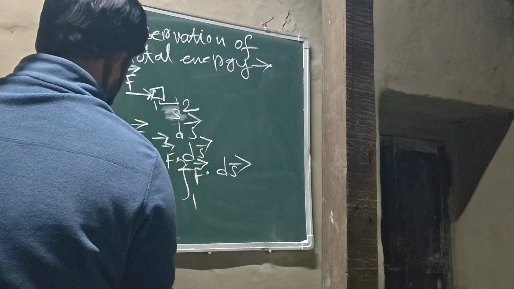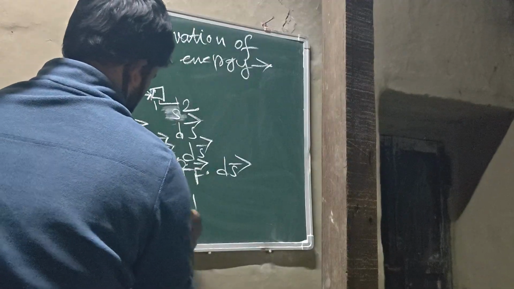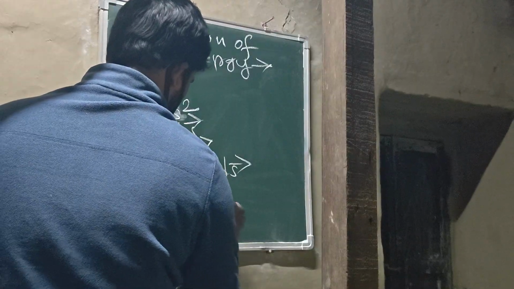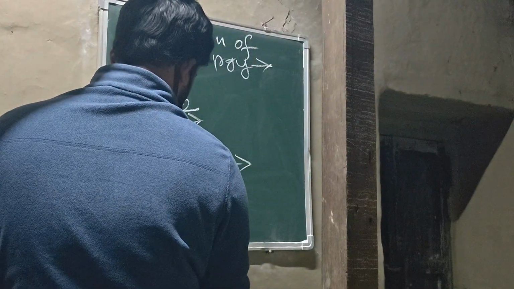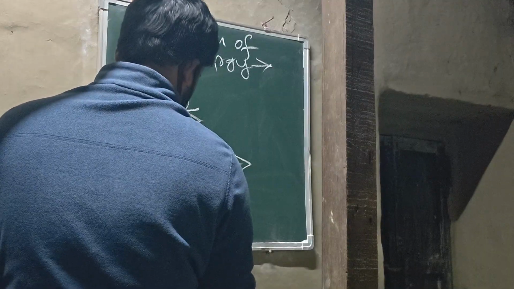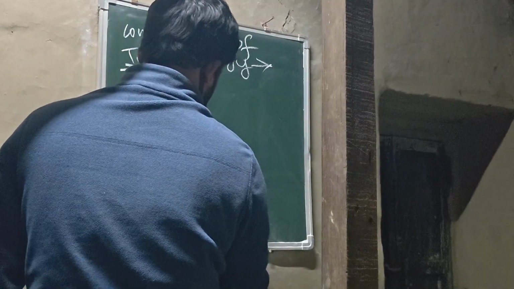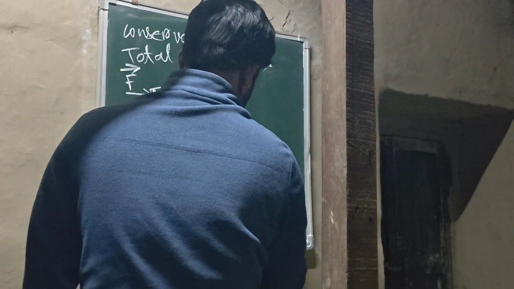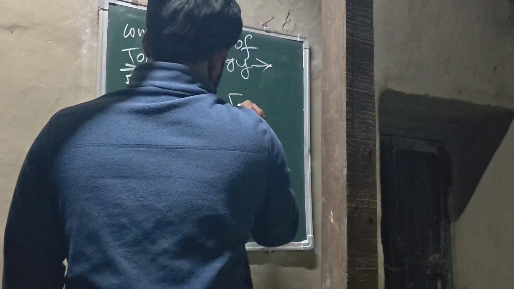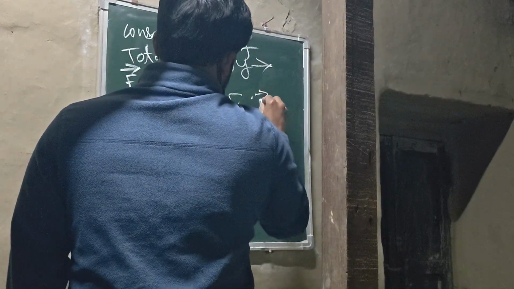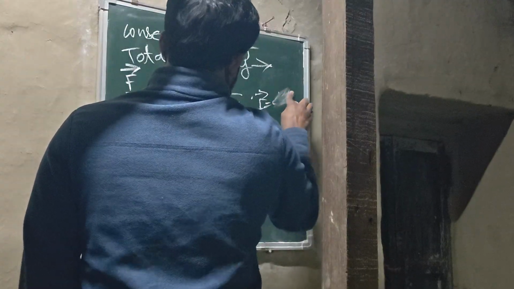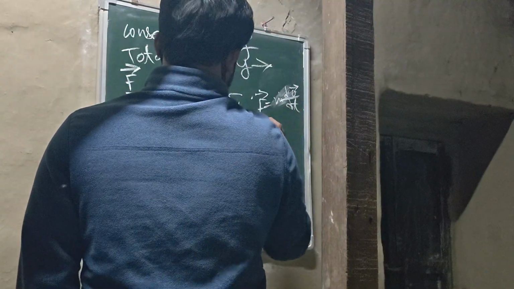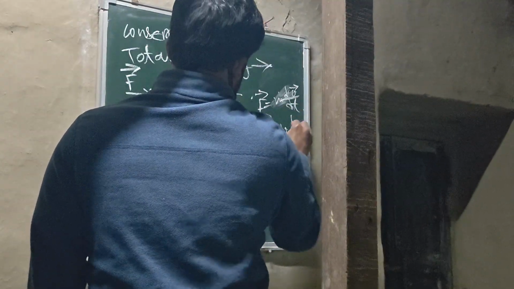Or total work done W equals integration 1 to 2 of m dv/dt dot v dt, since F equals m dv/dt and ds equals v dt.